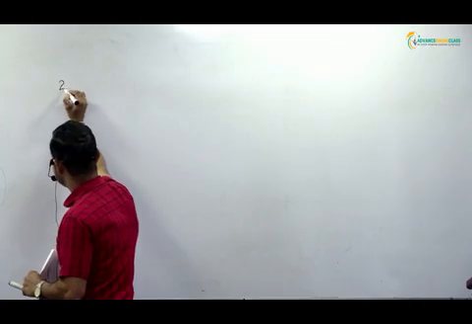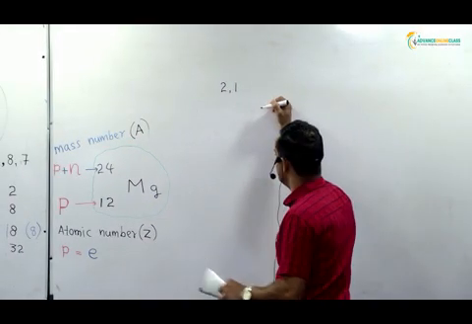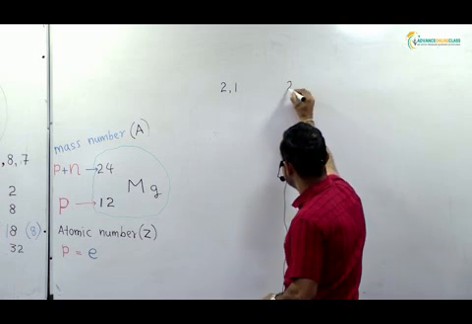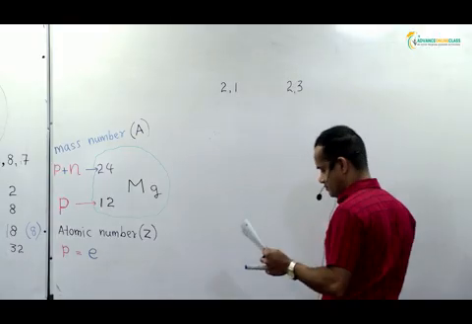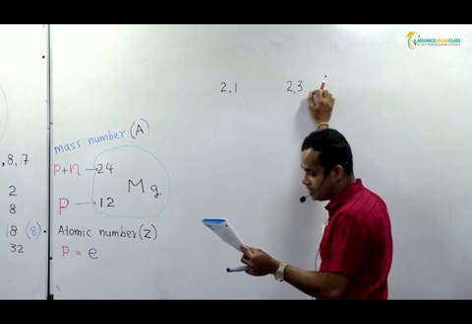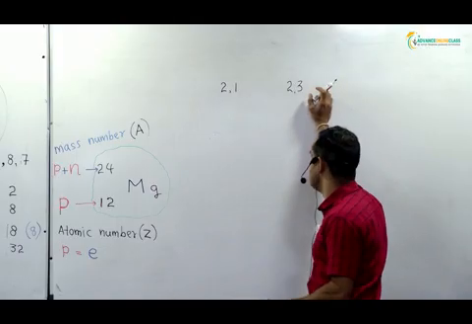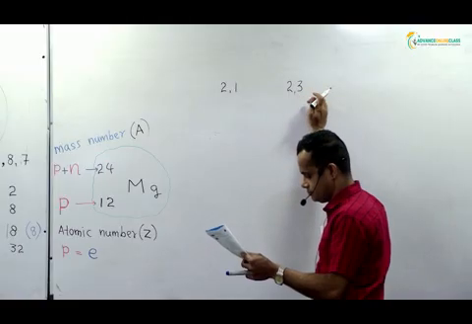In the first shell 2, and the next one has to go to the next shell. Boron has 5 electrons. Out of 5, 2 in the first shell, the balance is 3, so 3 in the next shell. Lithium 3, boron 5, 3 in the next shell. Right. Boron.